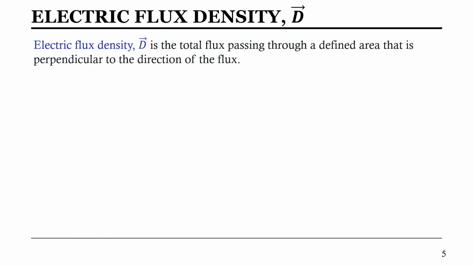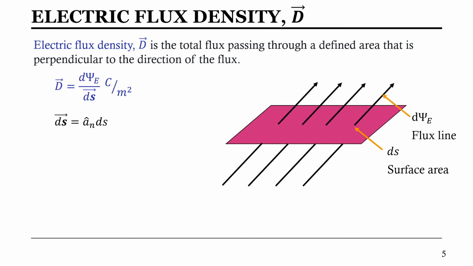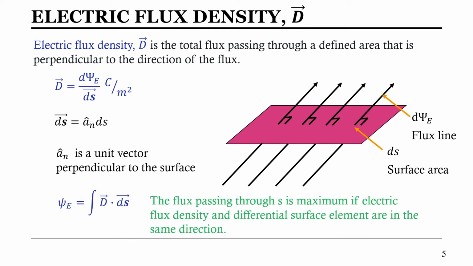Thus, the relationship between flux line and electric flux density is given by this equation, where dS is the differential surface area element. It is a vector perpendicular to the surface. From this, we can write the electric flux as the integration of electric flux density and the differential surface element.